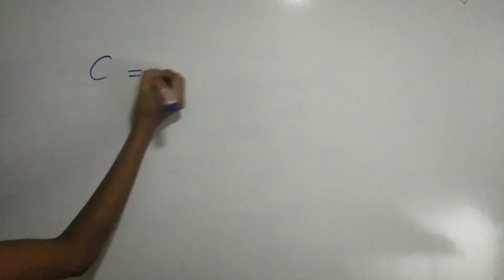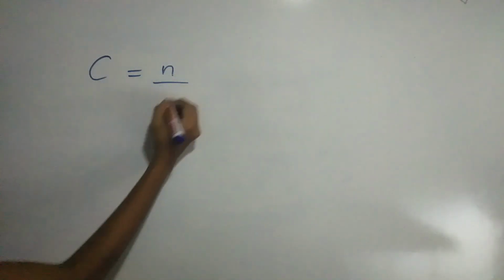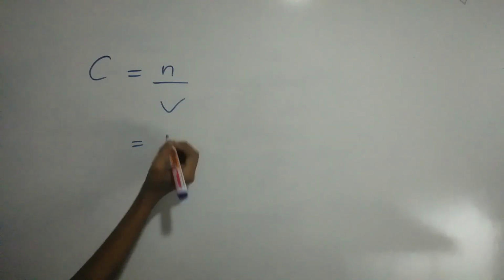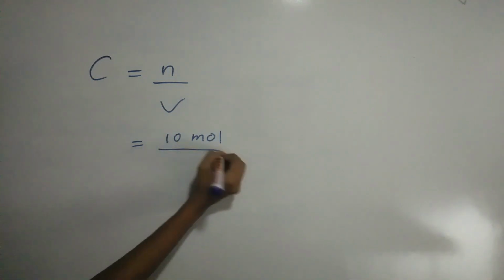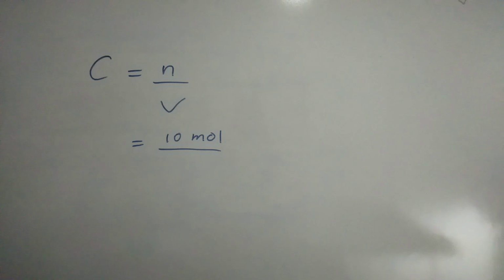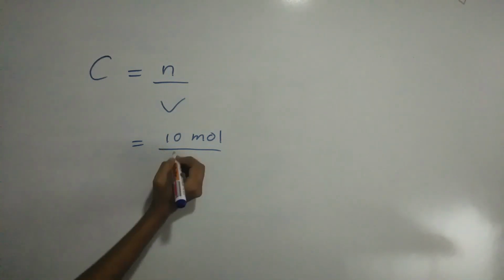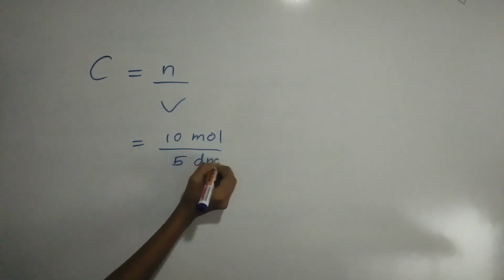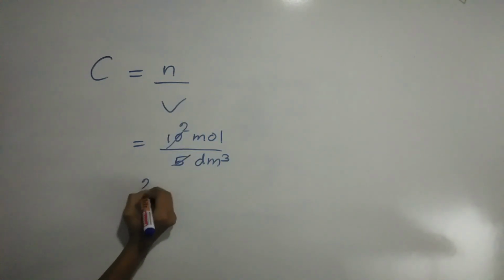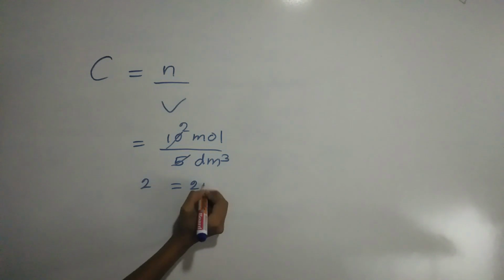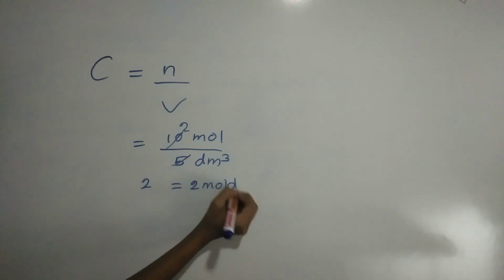We have to find the concentration. Concentration equals number of moles over volume. The number of moles they have given us as 10 moles and the volume they have given us as 5 decimeter cube. So 10 divided by 5 is 2, the concentration is 2 moles per decimeter cube.